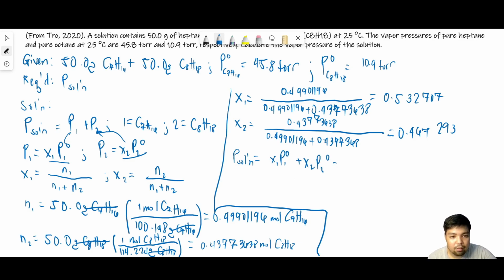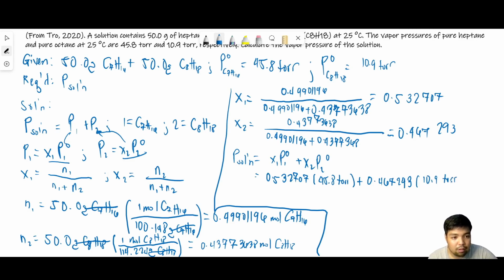Thus, substituting the values that we've obtained and as indicated in our given, x1 is 0.532707 multiplied by the vapor pressure of pure heptane, which is 45.8 Torr, plus the mole fraction of octane, 0.467293, multiplied by its respective vapor pressure in pure form, which is 10.9 Torr.